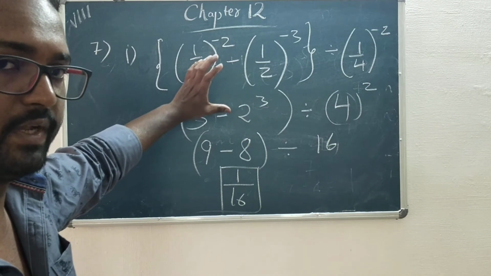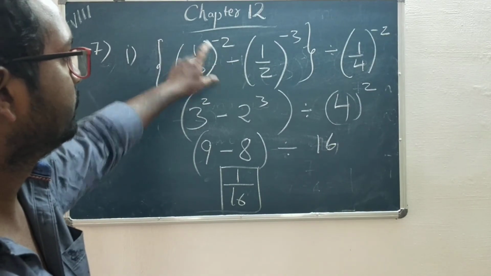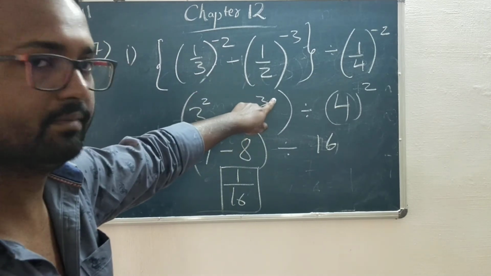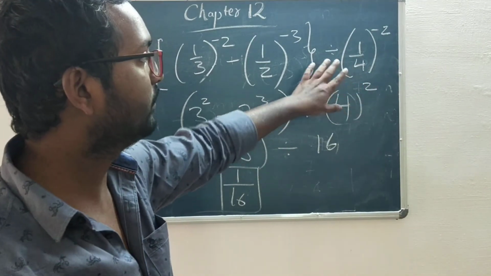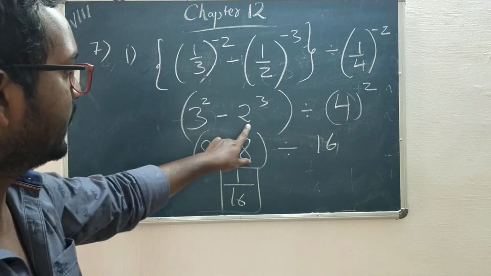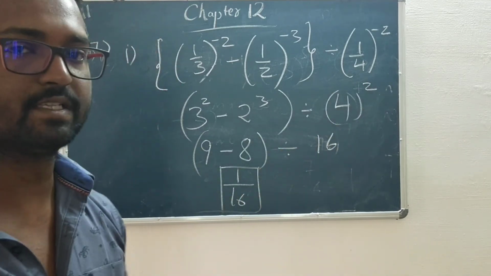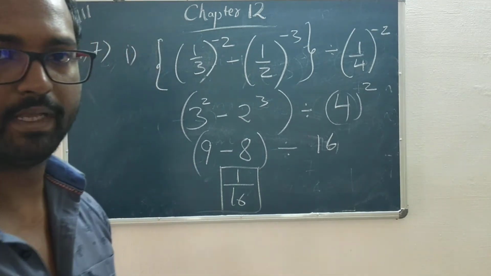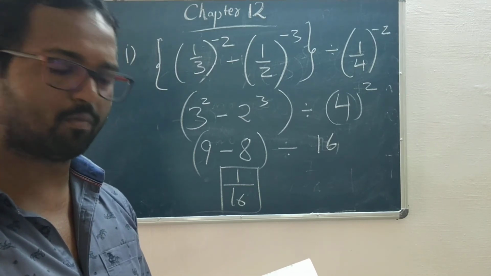Sign will change because we are taking reciprocal, sign will become positive. 1 by 2 becomes 2 power 3. Divided by 1 by 4 power minus 2 becomes 4 power 2. So this is 9 minus 8, 1, divided by 4 power 2 which is 16. 1 by 16 is the final. So in a very faster way you will get the answer if you go by this method. Same thing is applied here also but in a more complex way.